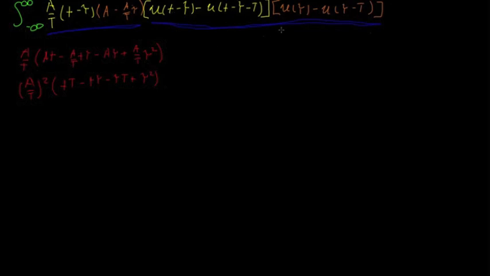So there are going to be 4 sections of integration, and y of t is going to equal something like y1 of t plus y2 of t plus y3 of t plus y4 of t.